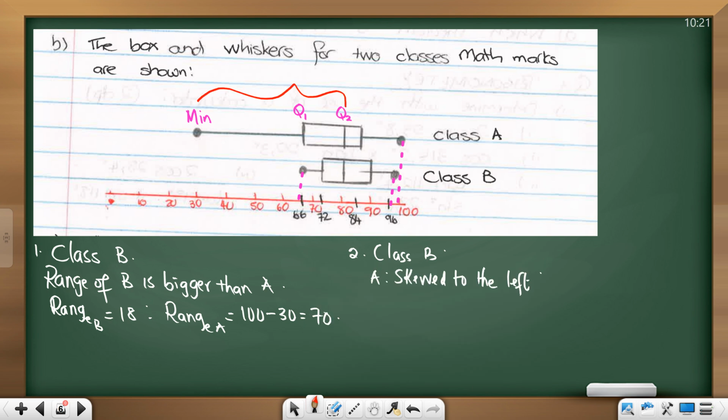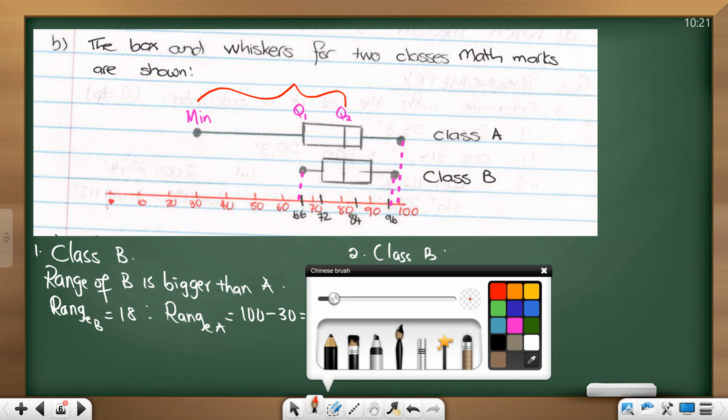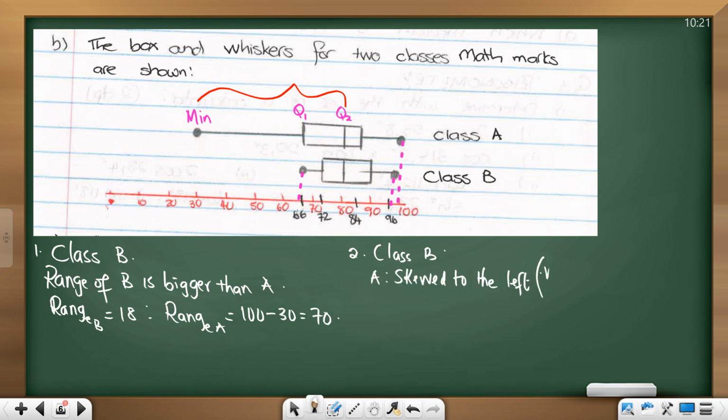You see, from Q2 to the minimum, more data. There's a wider spread of data from the median to the minimum on the left.